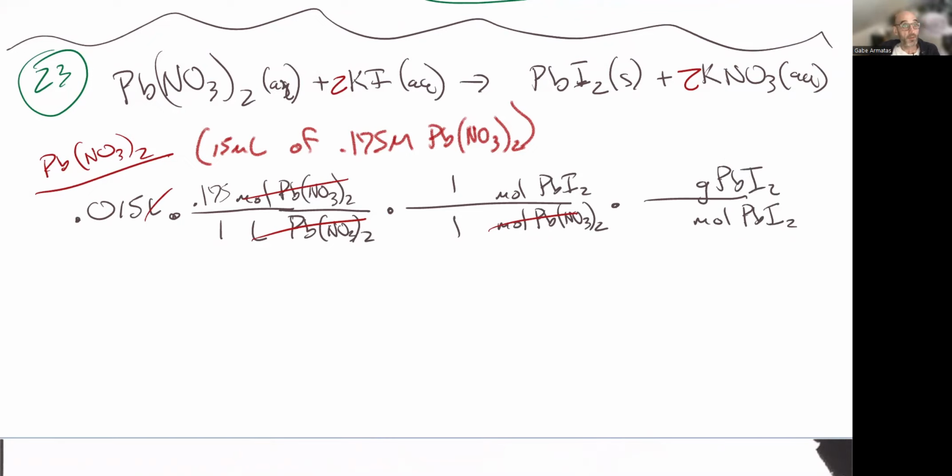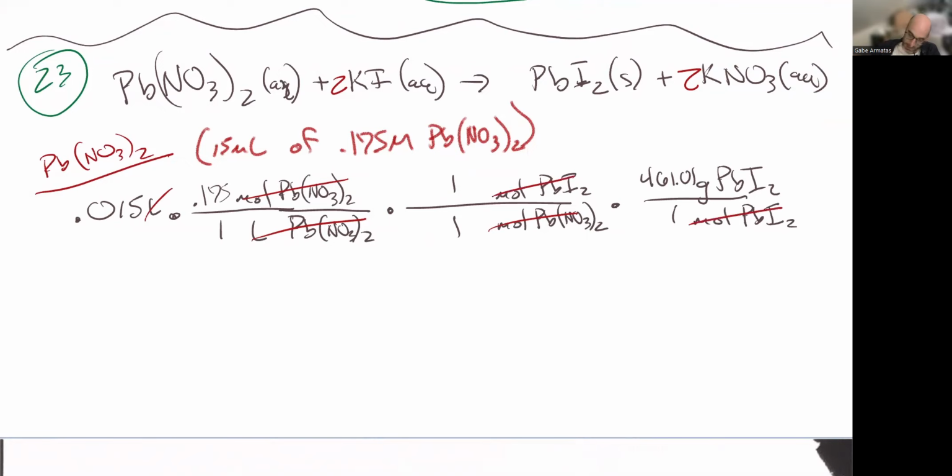So let me just get the molar mass of lead iodide. You would obviously do this by hand, but power of Google, Pb, I2, 461.01. That's giant, but okay, here we go. 461.01 grams per 1 mole.